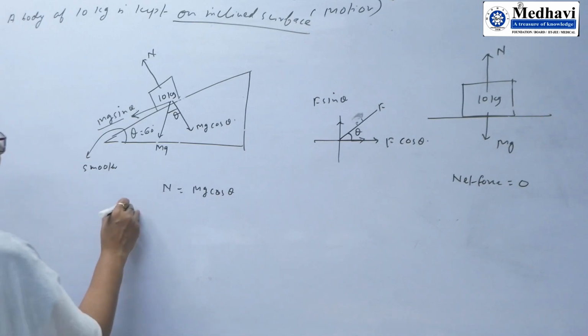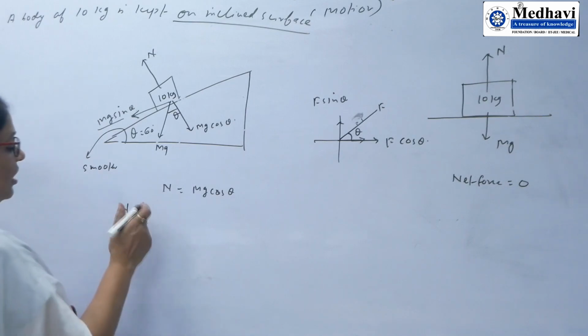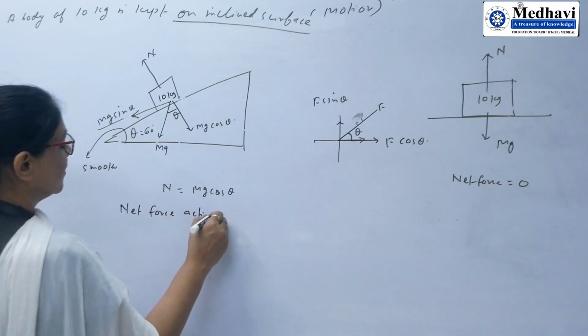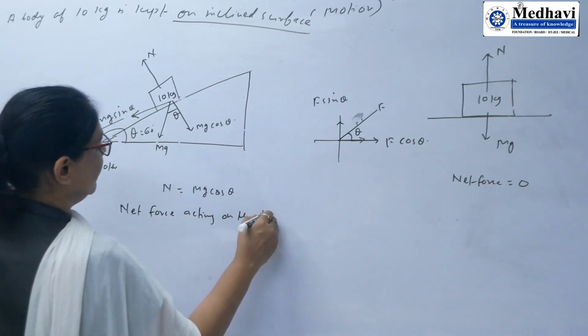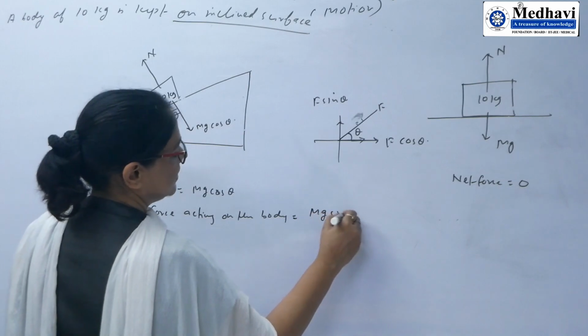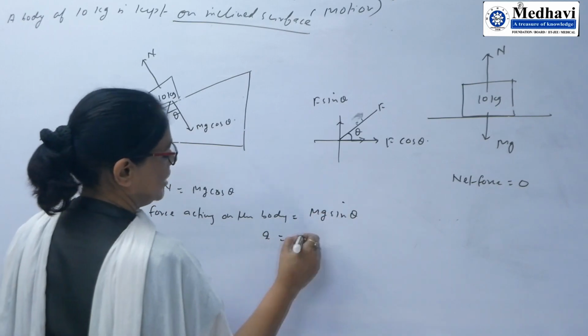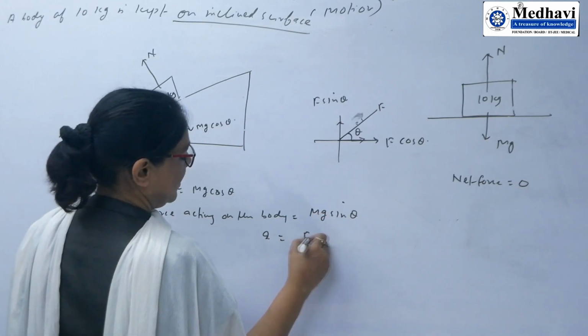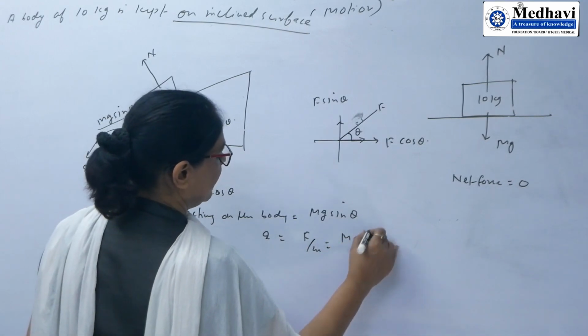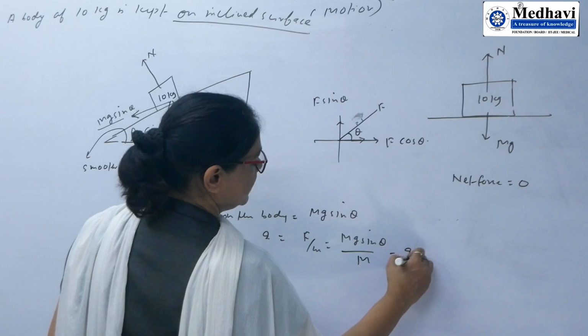So in this case, although the surface is smooth, we can say the net force acting on the body is equal to mg sin theta. So its acceleration is force by mass, mg sin theta divided by mass. So this is g sin theta.